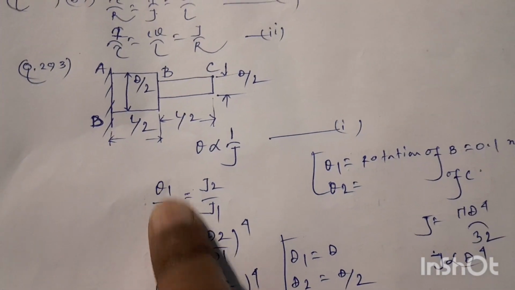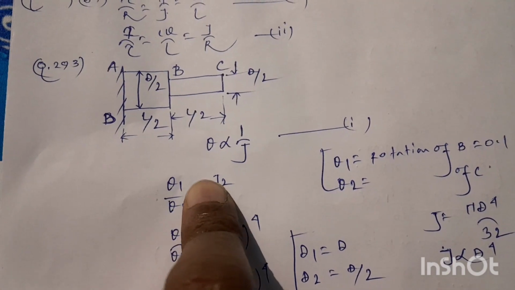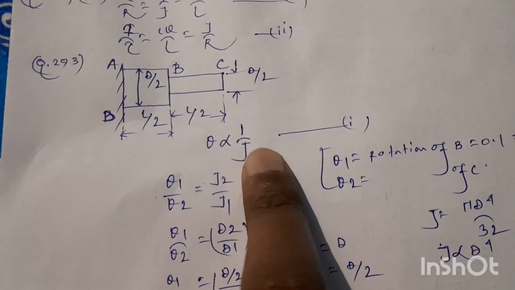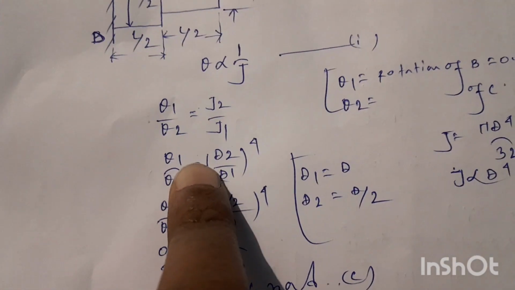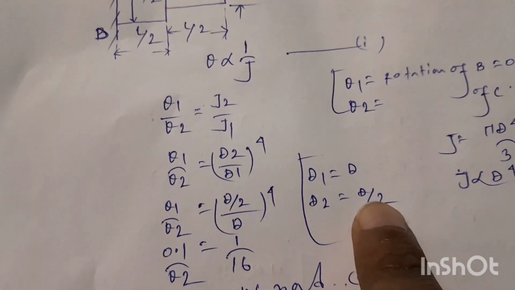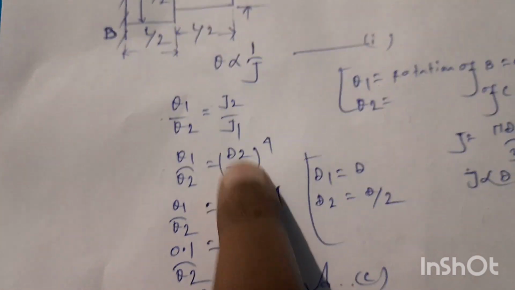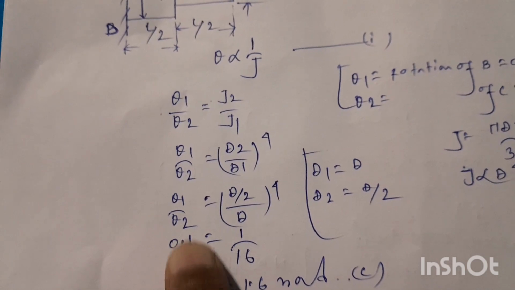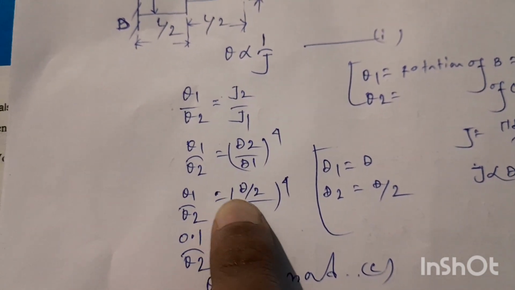So we can write theta 1 by theta 2 equal to J2 by J1, which will also be equal to the diameter D2 divided by D1 to the power 4. If we put the value of D1 and D2, we will get theta 1 by theta 2 equal to (D by 2 divided by capital D) to the power 4.